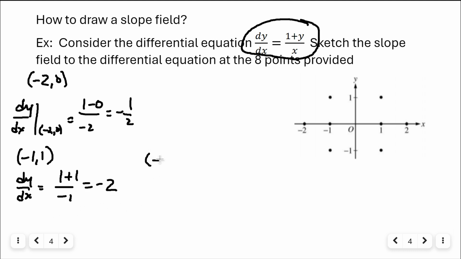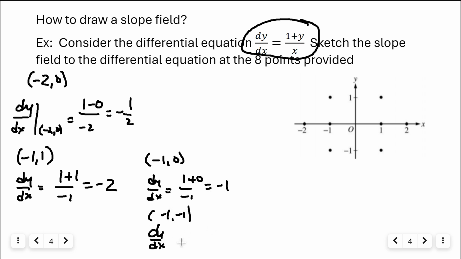At (-1, 0), dy/dx would be 1 plus 0 over negative 1. It's negative 1. At (-1, -1), dy/dx will be 1 minus 1 over negative 1. It'll be 0. Oh, that's a good one.